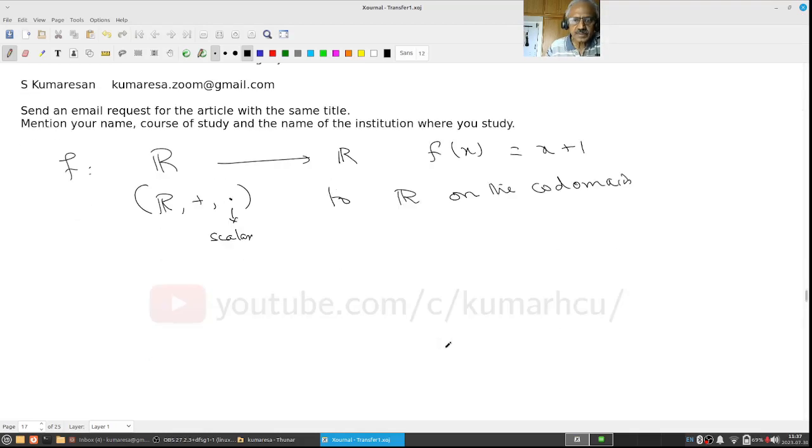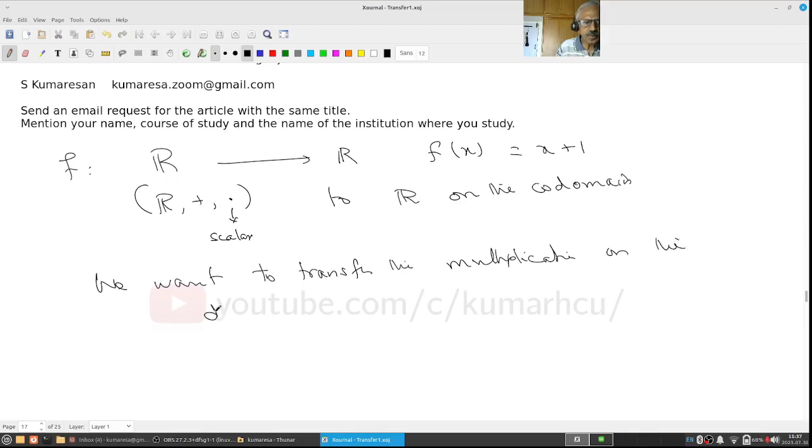Now what we want to do is transfer the multiplication operation on the domain to the codomain and check whether the codomain becomes a field.